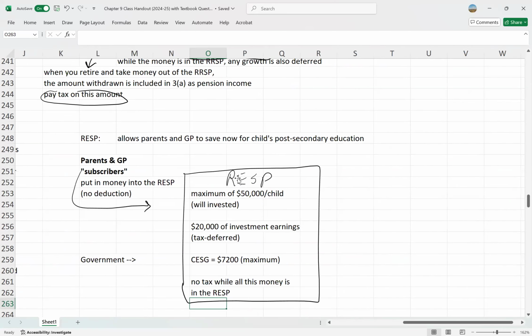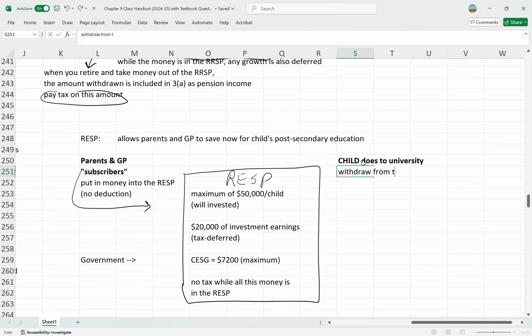So then what happens? The child goes to university. And now the money can be taken out. So they will withdraw from the RESP. Now they can designate where the money is coming from.